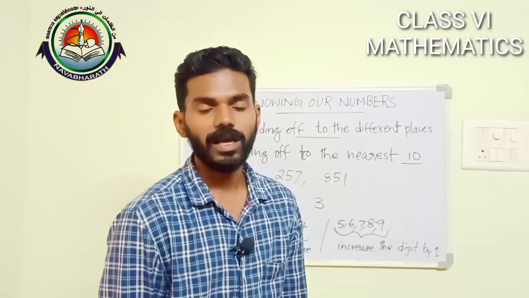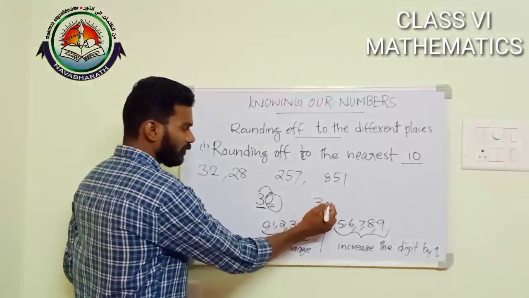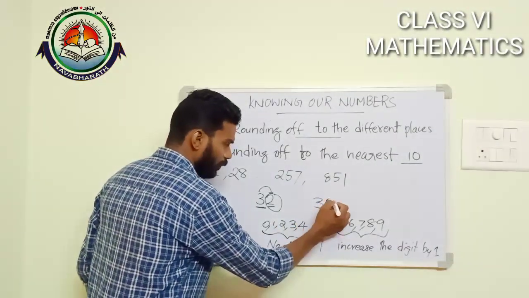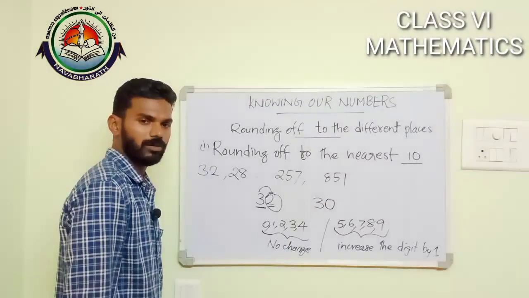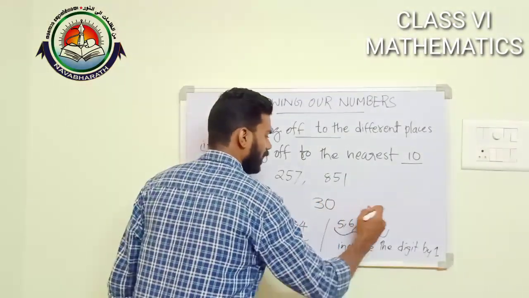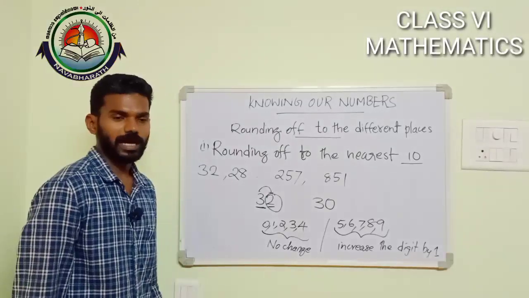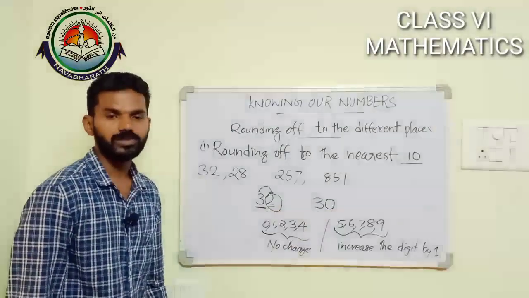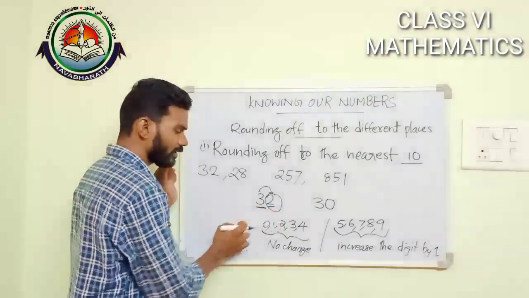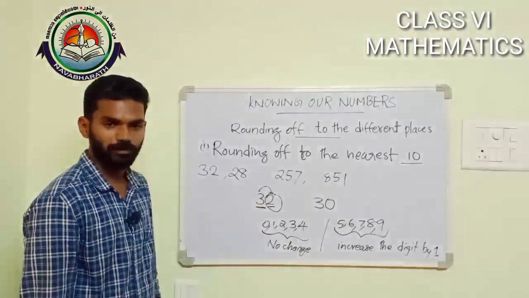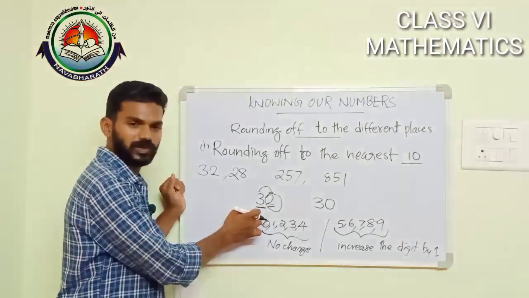Clear? And then we have to place 0. All the remaining digits can be replaced with 0. And here you can see that it is a 2-digit number. And here is the tens place.